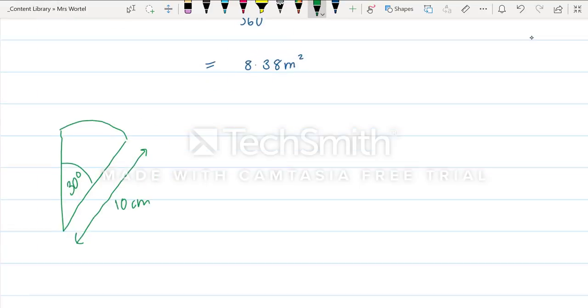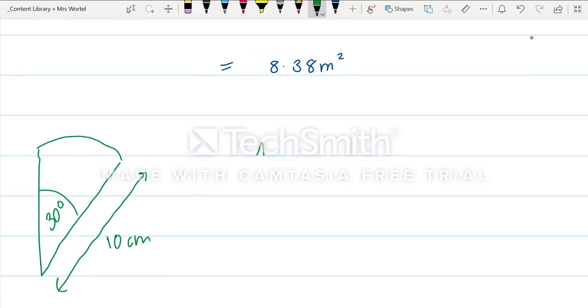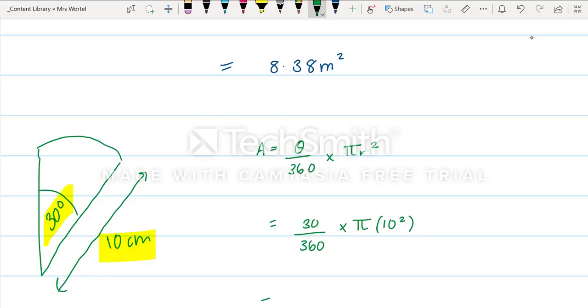So the very first thing we do, area is equal to, we write our rule, so it's a sector. So it's theta over 360 multiplied by pi r squared. We've got our theta, 30 degrees, and we've got our radius. So we have 30 over 360 multiplied by pi 10 squared.